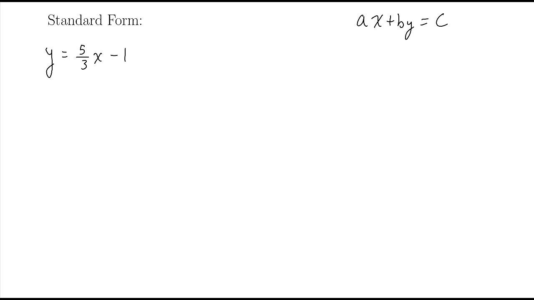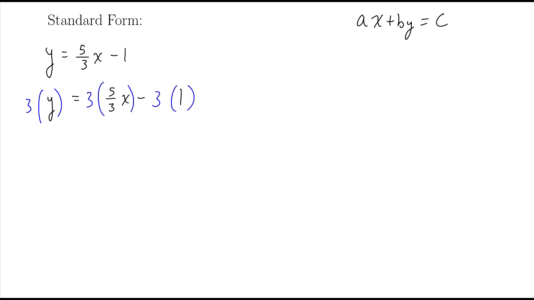To convert this, I'm going to eliminate the fraction first, since I can't have fractions in standard form. I have a 3 in the denominator, so I'm going to multiply each term by 3.